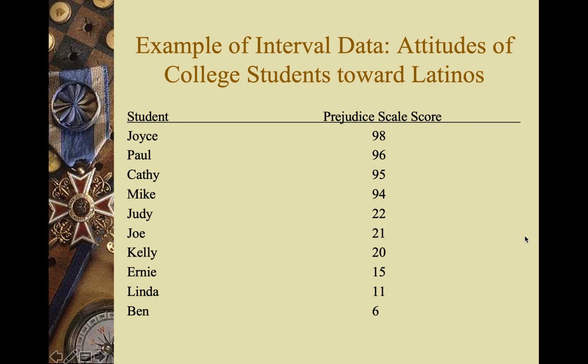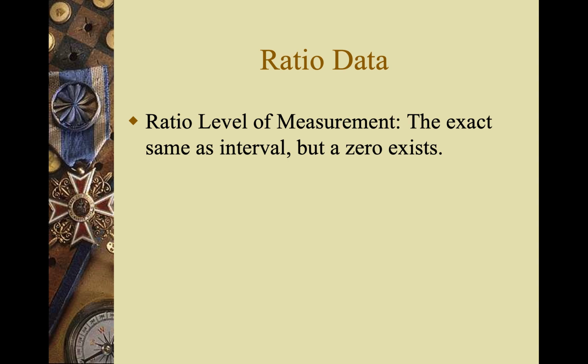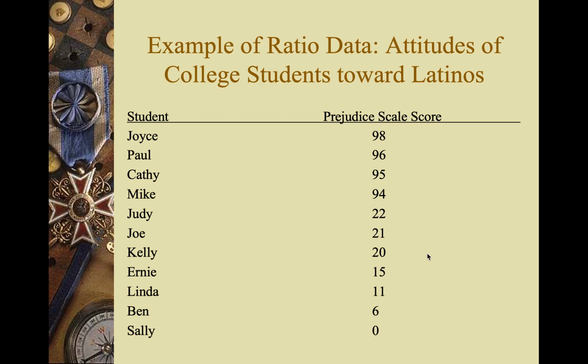So there's a clear difference between 20 versus 21, or 94 versus 95. We understand the differences between those. They're all consistent. And then ratio data is the same as interval, but a 0 exists. Sally, for example, scored a 0, so it was possible to score a 0 on this scale.